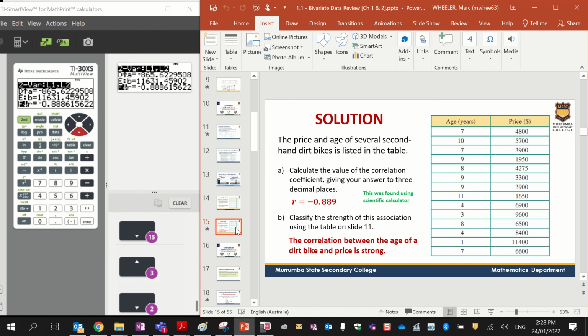So we just say it's strong. Okay. So as the age of a dirt bike goes up, its price actually goes down. And that makes sense because the older a dirt bike you buy, it should cost less usually.